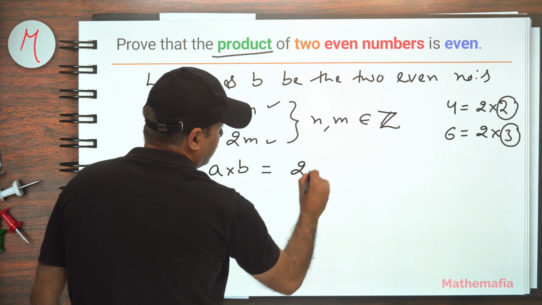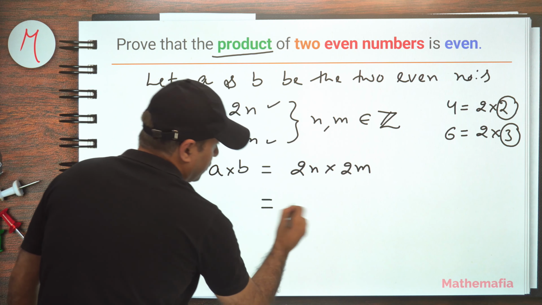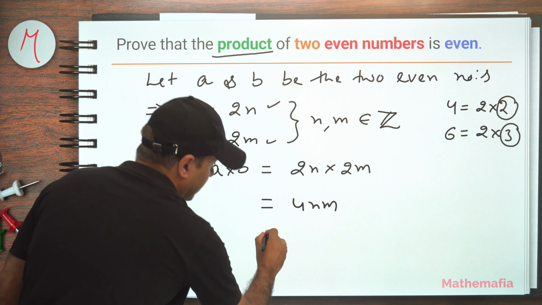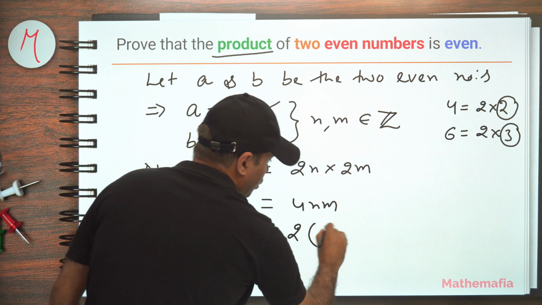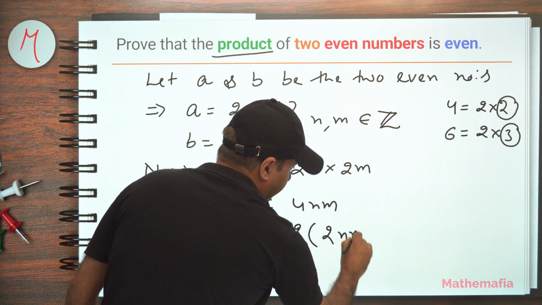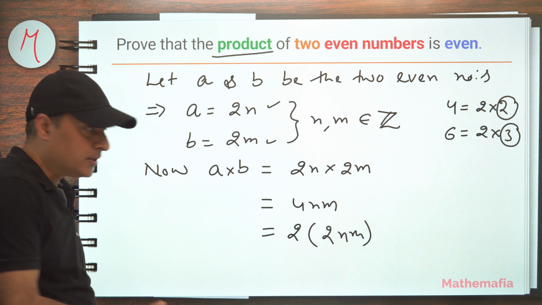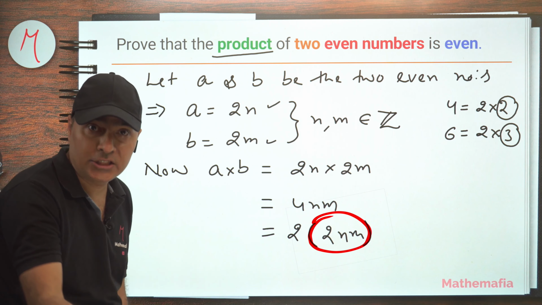So this will be equal to 2n multiplied by 2m, which is equal to 4nm, but we can write it as 2 into 2nm, right? We can write it like this. Why do I want to write it like this? Because I have to prove that it is of the form 2 into an integer.